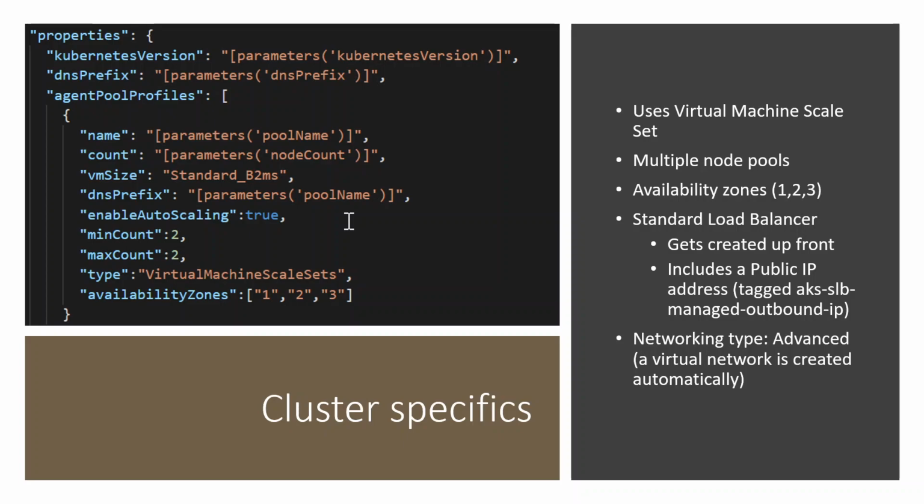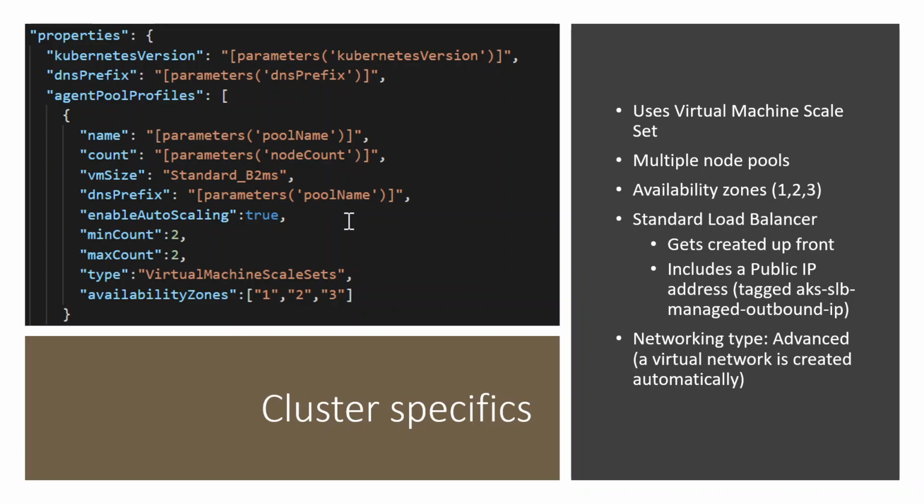It will take less time for Nginx to be deployed and assign an extra IP address to that load balancer, because I've sometimes got timeouts when I'm not using that approach. When you're deploying a cluster this way, the networking type will be advanced automatically. So in this case, we do not link it to an existing virtual network, but a virtual network will be created automatically by the template.